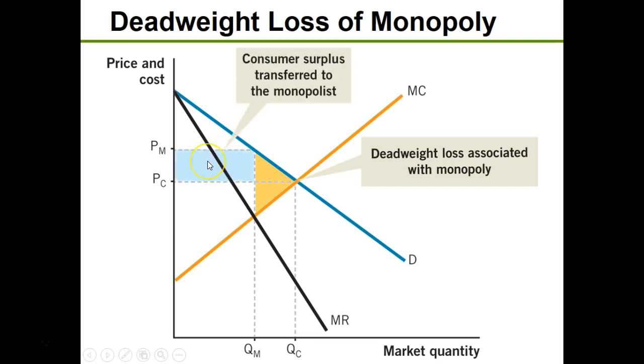So this used to be consumer surplus, now it goes to producer surplus. Economists refer to this idea as rent extraction. So the monopolist not only charges consumers higher prices and produces less quantity, but in essence does so by removing consumer surplus. So again, economists call this rent extraction.